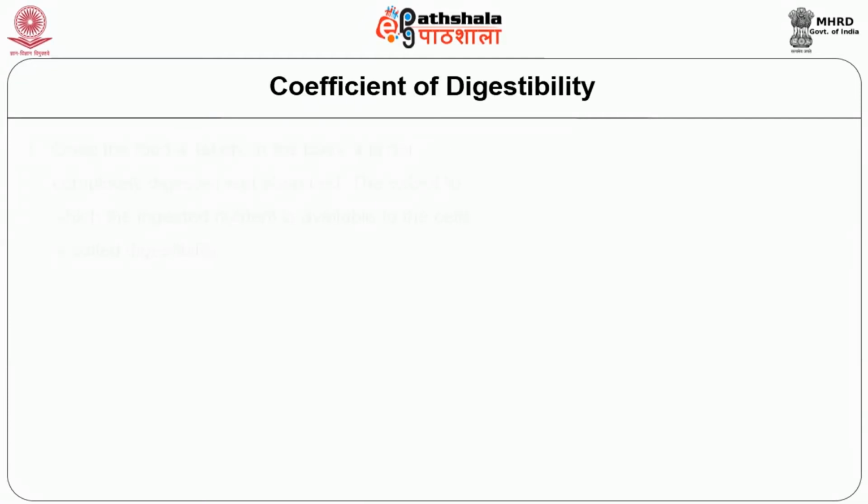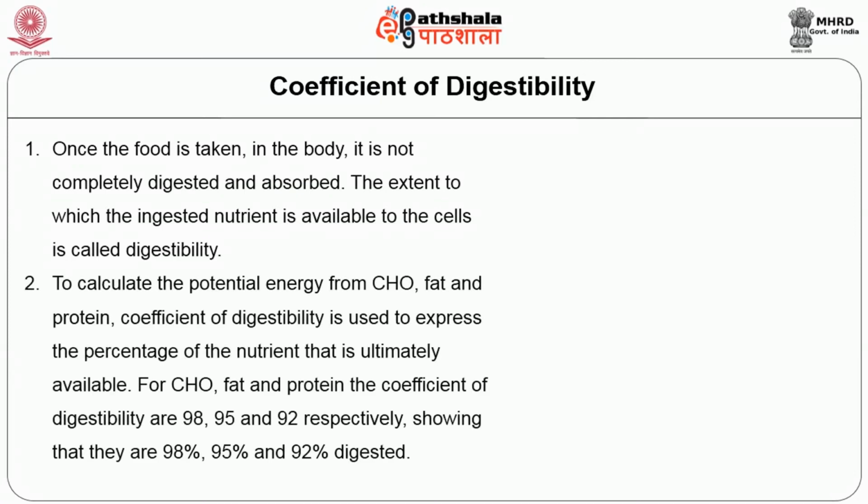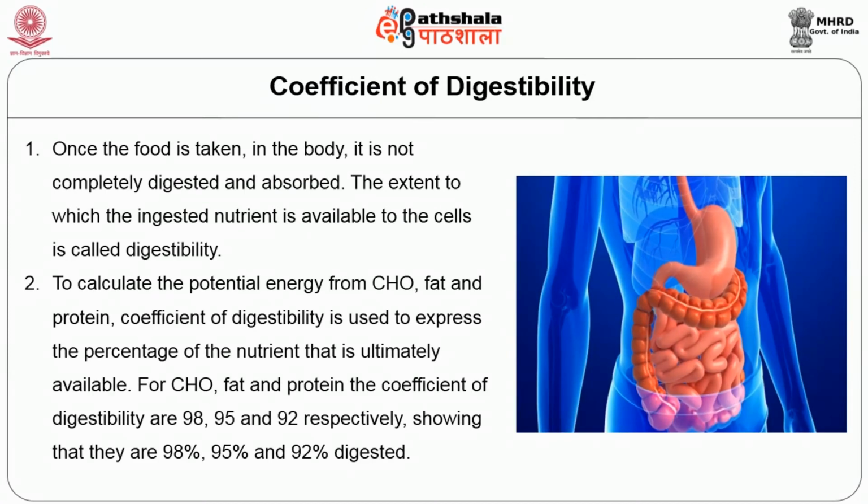Now we shall note the coefficient of digestibility. Once the food is taken in the body, it is not completely digested or absorbed. The extent to which the ingested nutrient is available to the cell is called digestibility. To calculate the potential energy from carbohydrate, protein and fat, we need the coefficient of digestibility of the nutrient that is ultimately available.